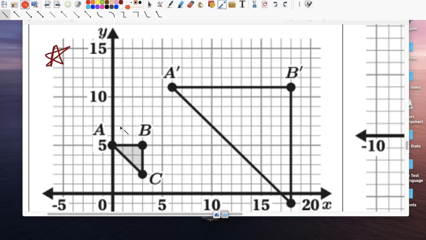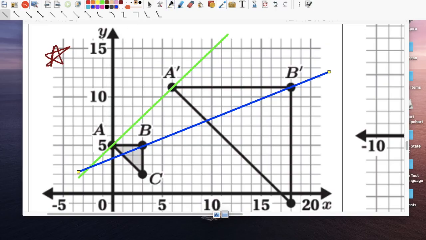So let's try this. So my center of dilation. Okay, that's a pretty good line. Try another line here.